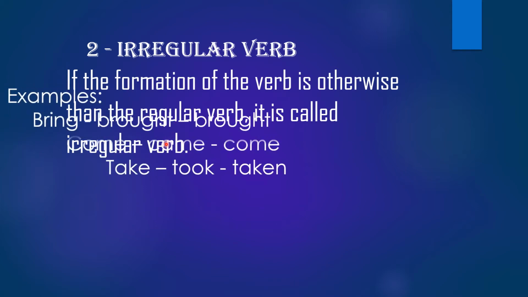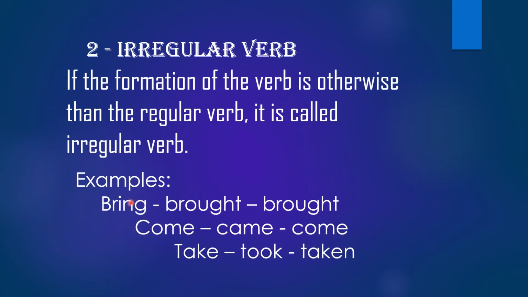We'll see an example here. The base form of the verb is bring. The second form is brought and the third will also be brought. Here what we have to clear, just like in the regular verb what we had seen, we are adding just d or ed and forming past participle or past form of the verb.